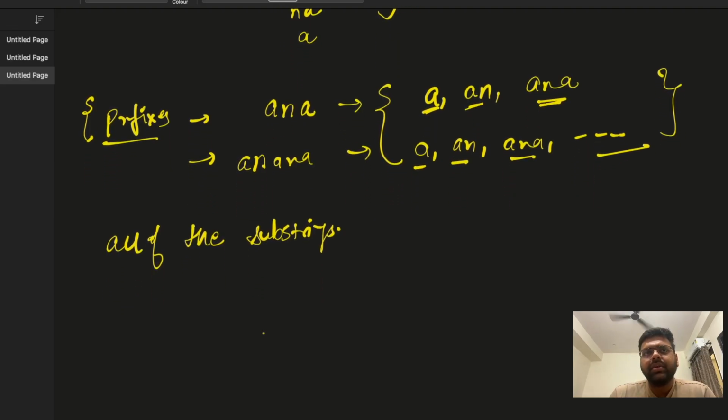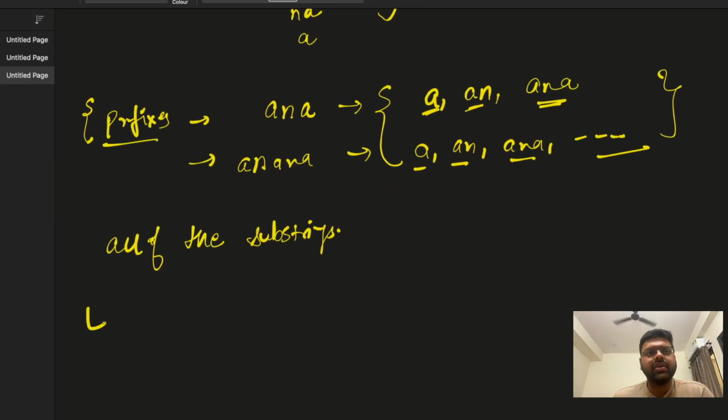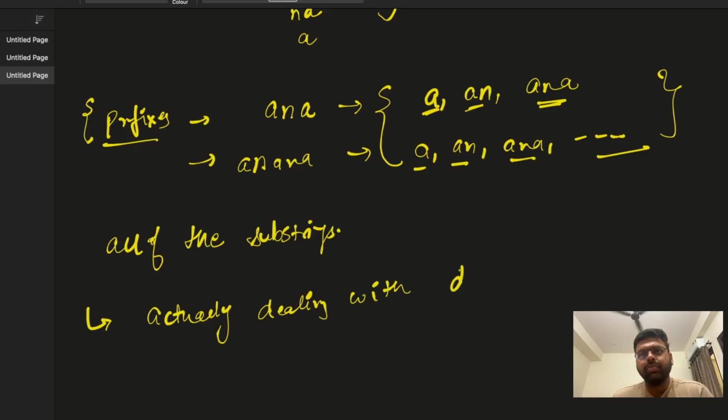But here is the problem in it. The problem is dealing with duplicates, because ana and a also have the substrings a, an, and ana, and the same for banana as well. We are actually calculating it twice.